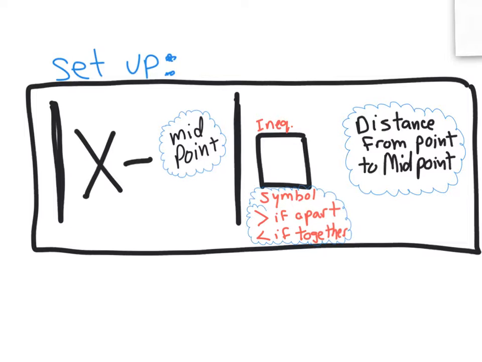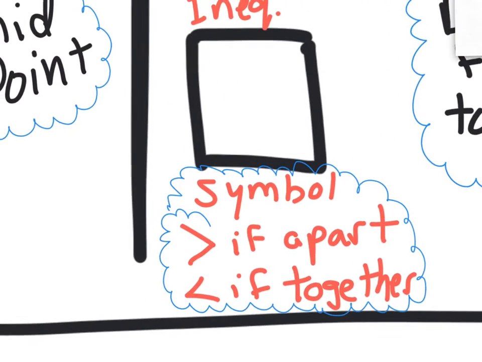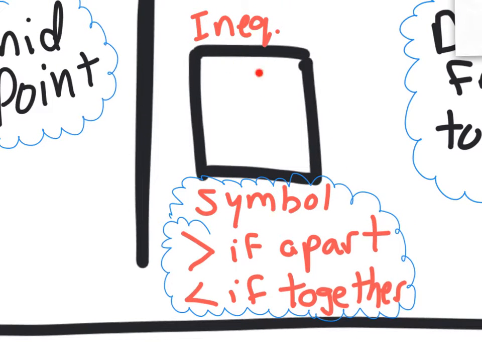The setup is absolute value of x minus your midpoint, and then your inequality belongs in here. The inequality is a greater than symbol if the areas are apart. It's a less than symbol if the areas are together. That's what I jotted down on the notes. Inside this box is where the inequality symbol goes.